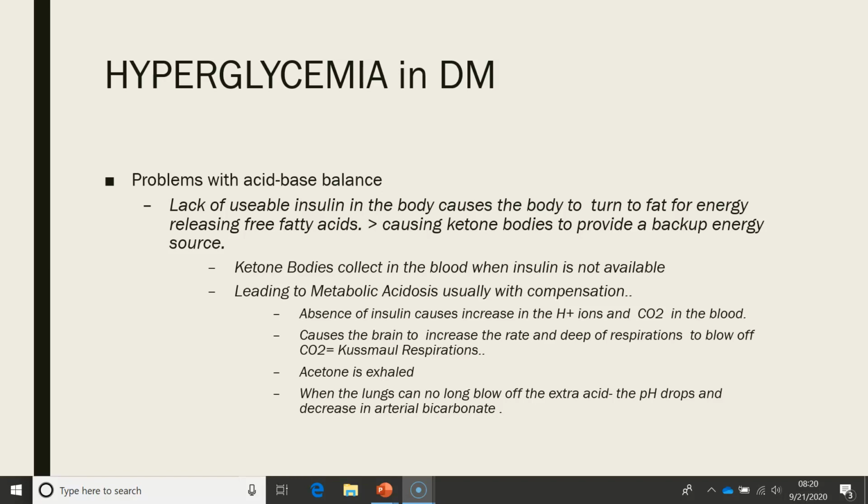And the reason it's compensated is because when it was partially compensated, our body was trying its best to get rid of those hydrogen ions and carbon dioxide by increasing the respiratory rate and the depth of our respirations to try to get rid of that extra CO2. But when our lungs are no longer able to blow off that extra CO2, that's when the pH will drop and you end up with a decrease in your arterial bicarbonate.